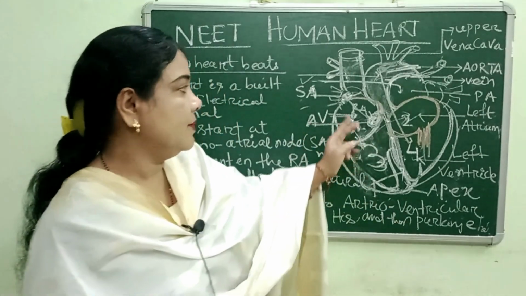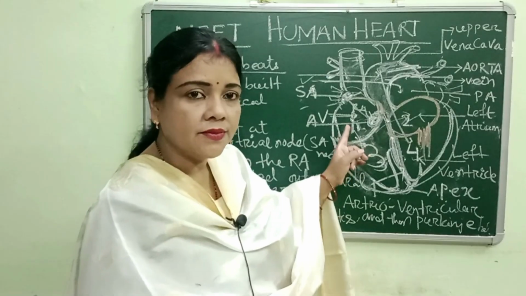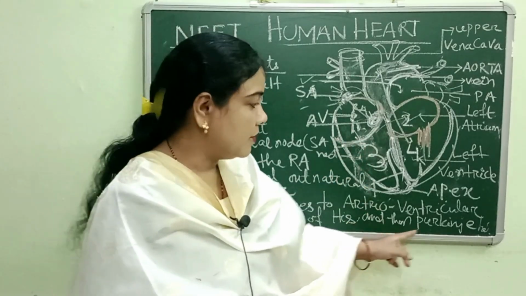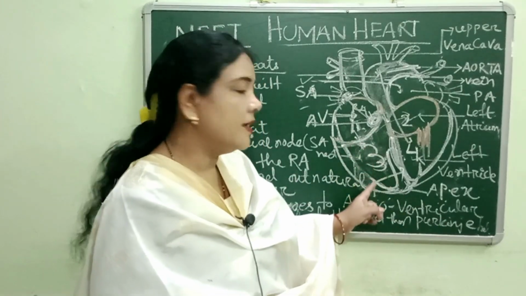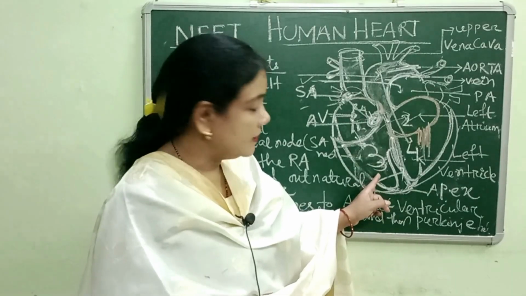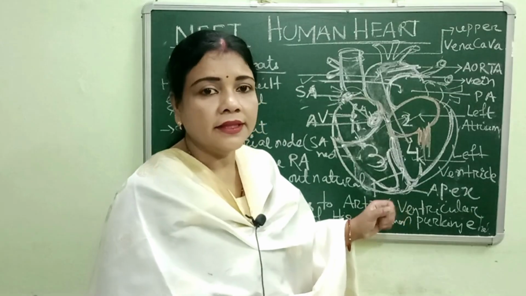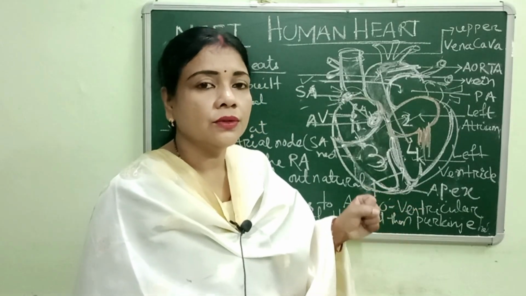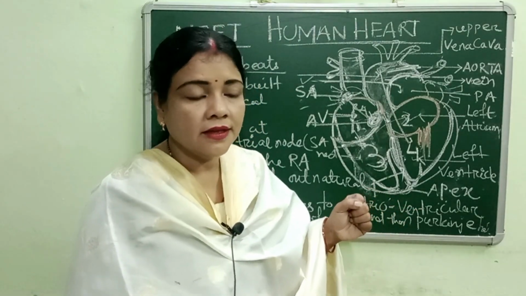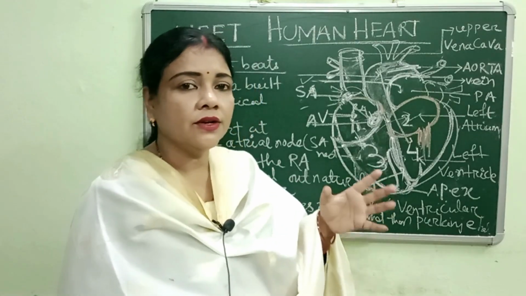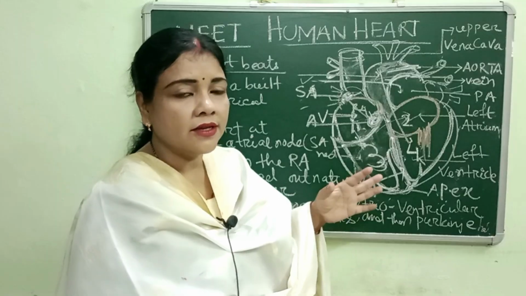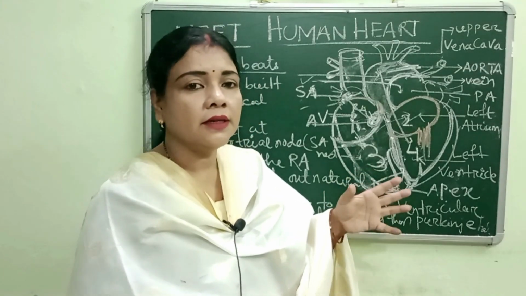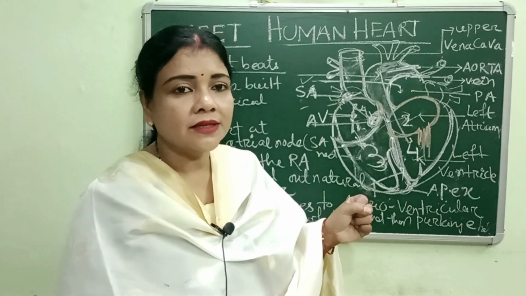Okay, so whenever the signal passes from the bundle of His to the Purkinje fiber, the signal directly goes to the ventricle. Then the ventricle starts to contract. That means pumping means relax, contract, relax and contract. So that particular relaxation and contraction creates some beat.